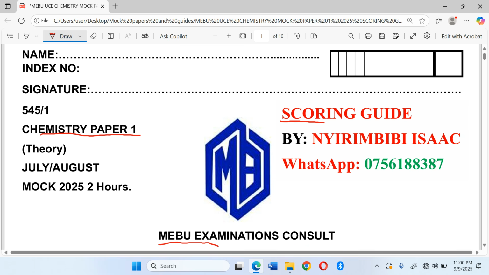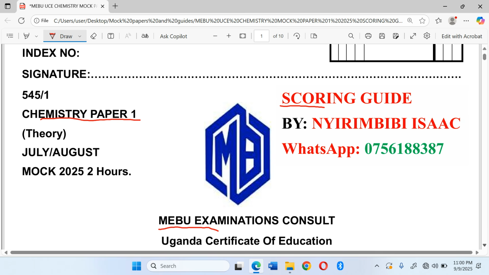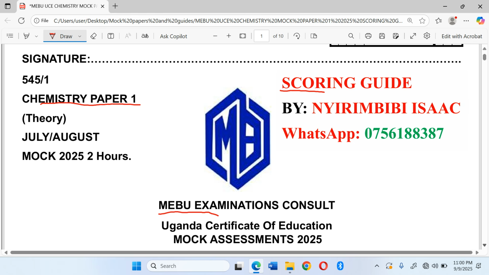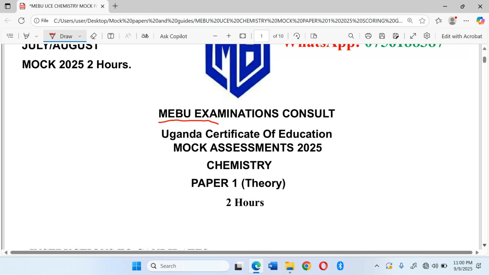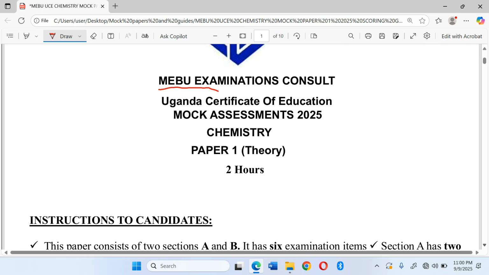In this session, I will also be taking us through the do's and the don'ts, and looking at the new scoring system and the new things that have been added into the assessment of Chemistry Paper 1. One thing I want to encourage you is to keep pausing so that you keep noting down all the things that we are going to discuss in this session.